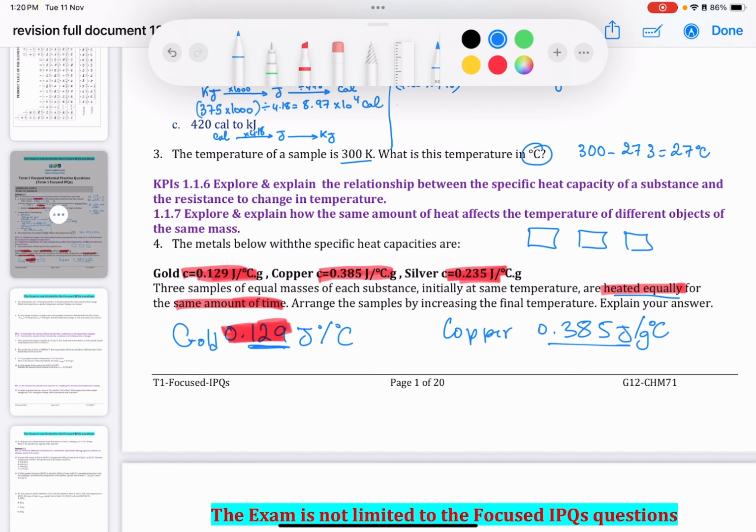The one that is going to have the highest final temperature is the one that changed a lot, and that is gold. The one that is going to have the lowest final temperature, because it couldn't change a lot, is going to be the copper. And finally, silver goes in the middle.